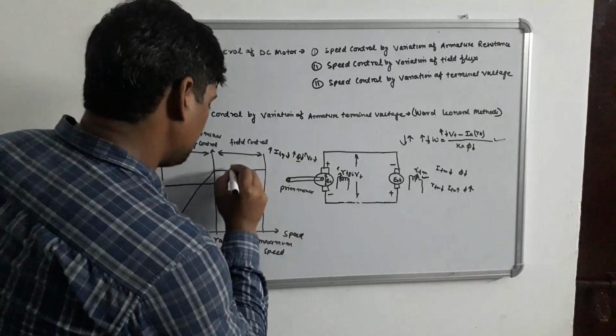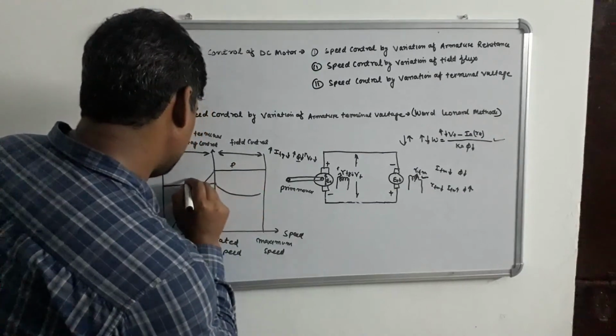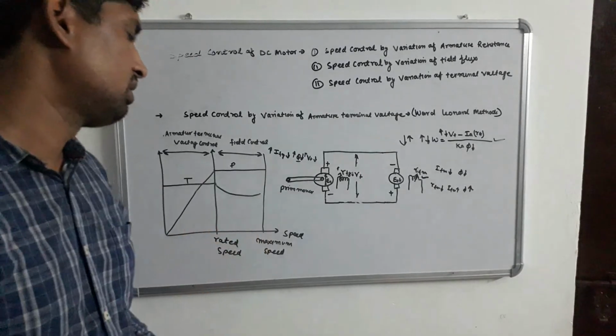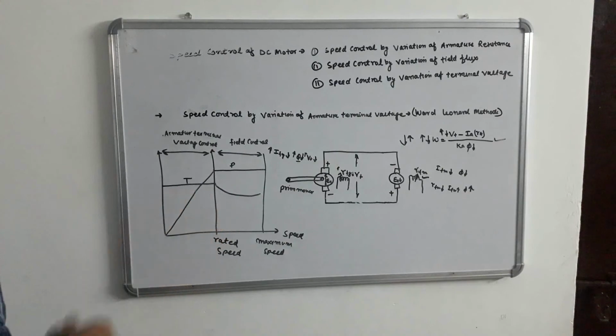This is the power P, and this is the torque T. This is all about the speed control by variation of armature terminal voltage, combinedly known as the Ward-Leonard method. In the Ward-Leonard method, this type of controlling is used.